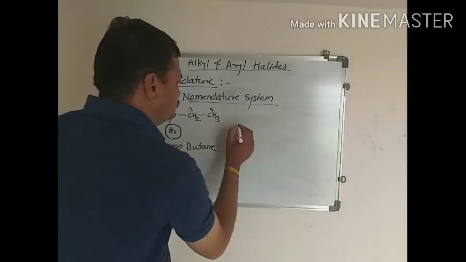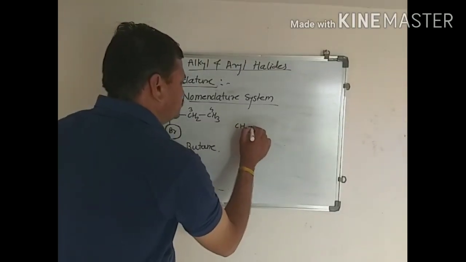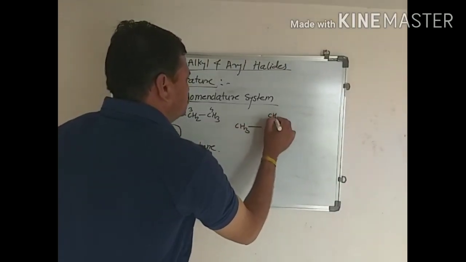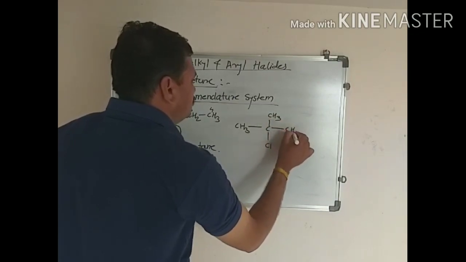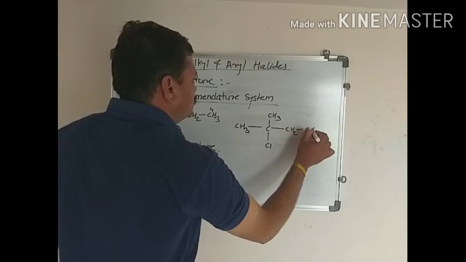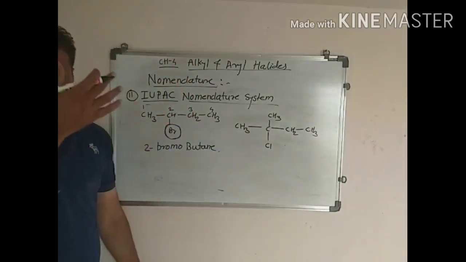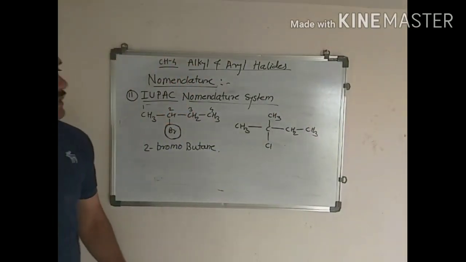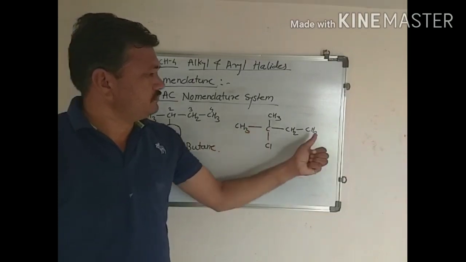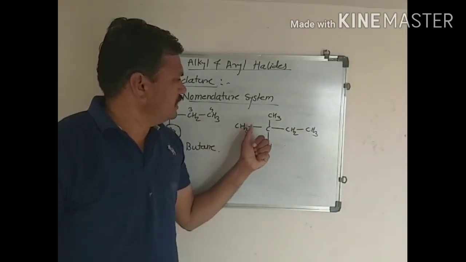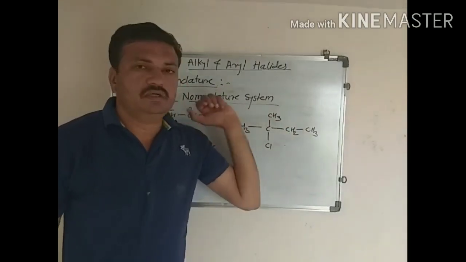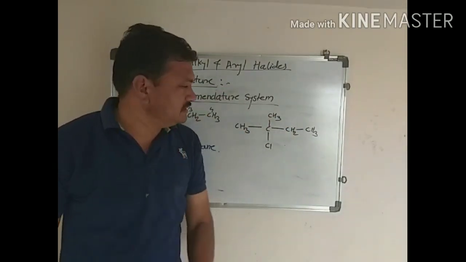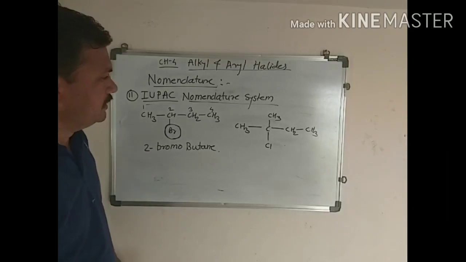Another example, CH3, C, CH3, Cl, CH2, CH3. Again the same case, select longest continuous chain, 1, 2, 3, 4. 4 carbon chain is the longest chain containing the halogen atom.